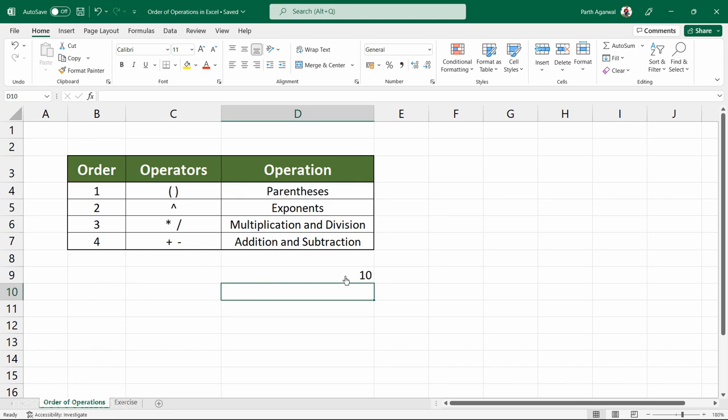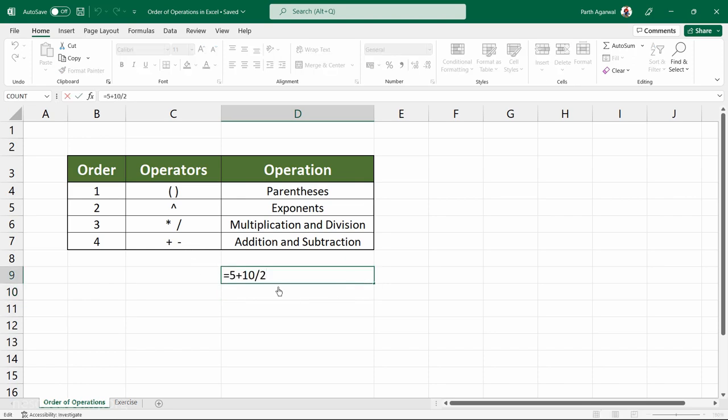Now let's get back to our example once again. For whatever reason, if you want this addition to happen first, we can do that, right? This can be done if we put 5 plus 10 in parentheses. It's going to tell Excel that according to the order of operations, calculate the parentheses first and then take the result of that and divide it by 2.